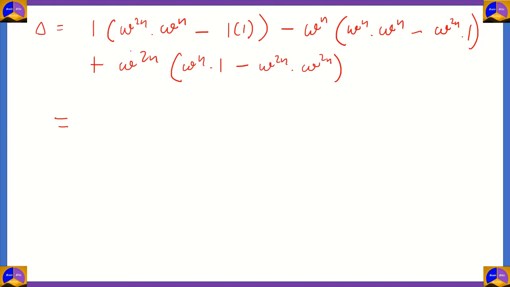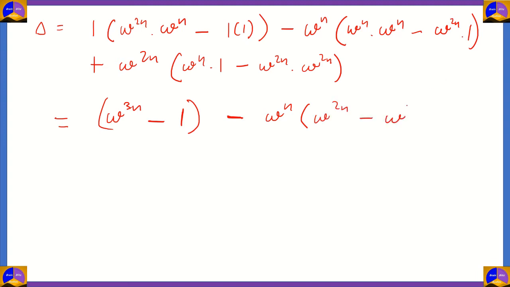So on further solving this expansion, you can see that omega raised to 2n times omega raised to n will be equal to omega raised to 3n and then minus 1. Minus inside the bracket adjacent to and multiplied to omega raised to n, you will have omega raised to n times omega raised to n as equal to omega raised to 2n.